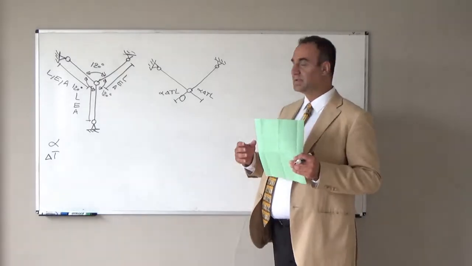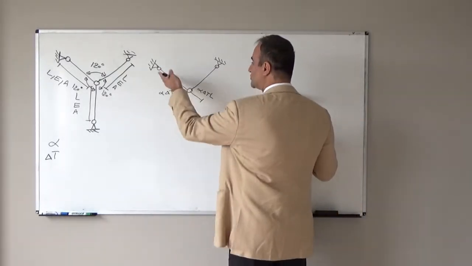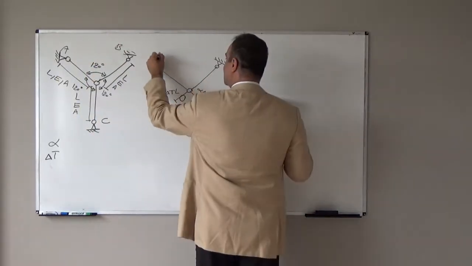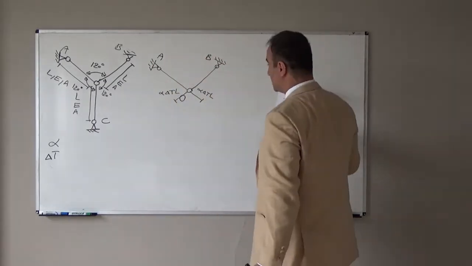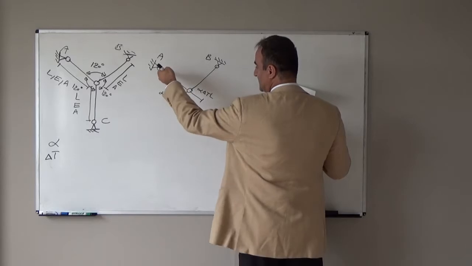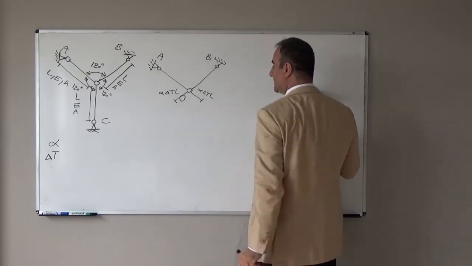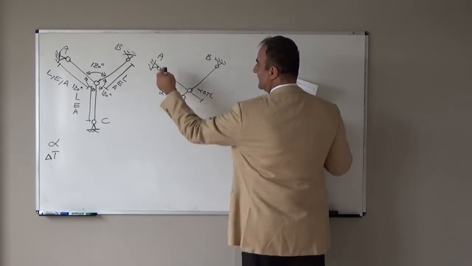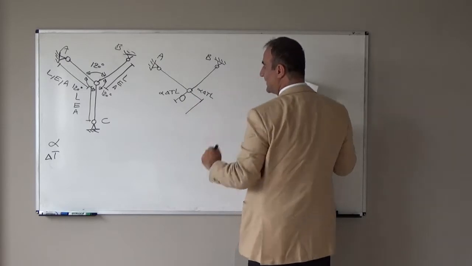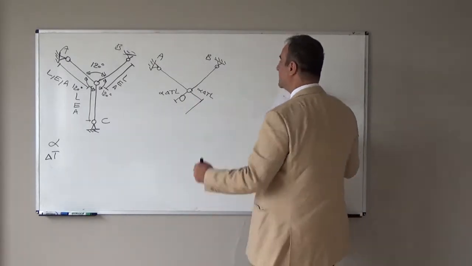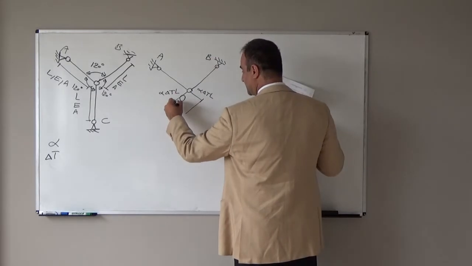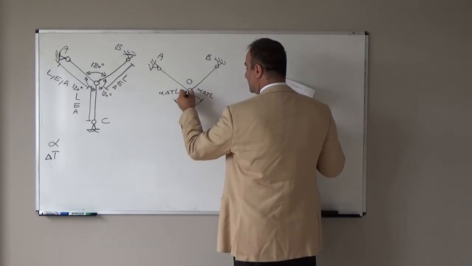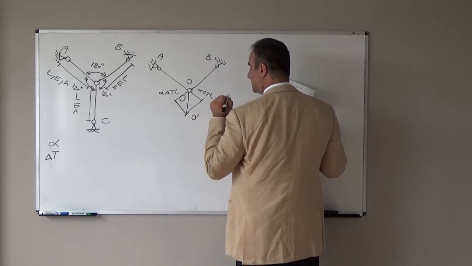For compatibility reason, each rod should rotate with respect to point, for example, A and B. So if this rod rotates with respect to A, it will be similar to drawing an arc with radius L plus alpha delta T L and center A. That will be like tangent to the pathway. So again similar things here. So point O, intersection point, will move to point O prime.